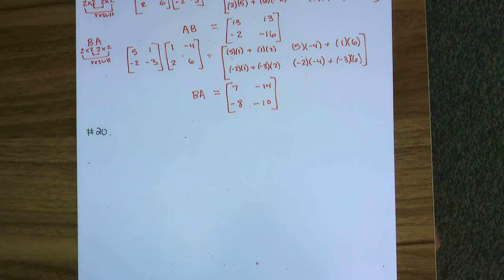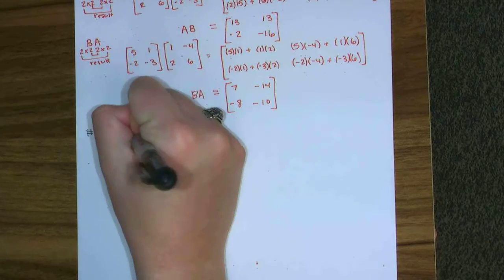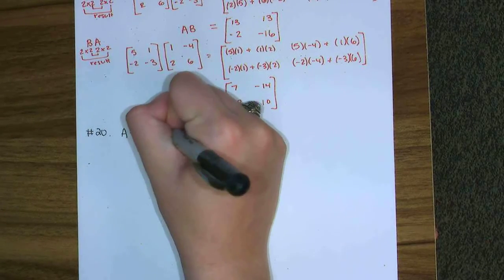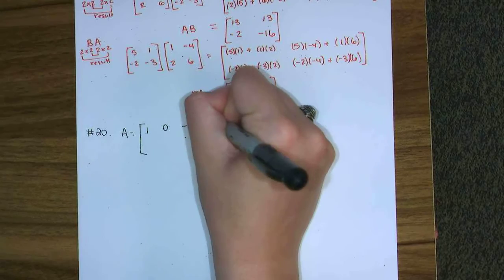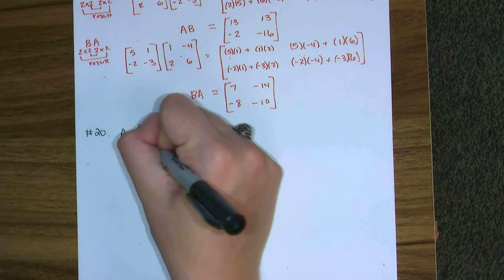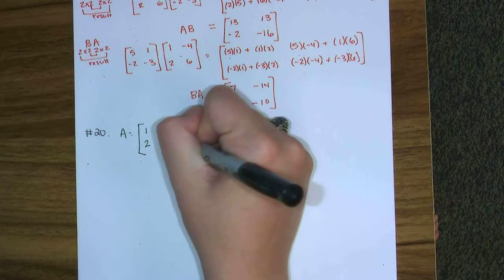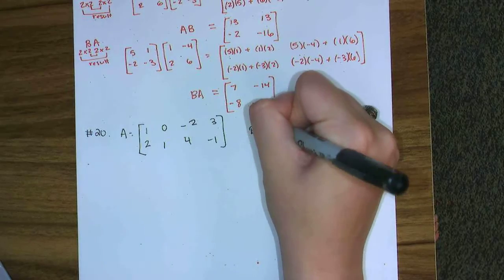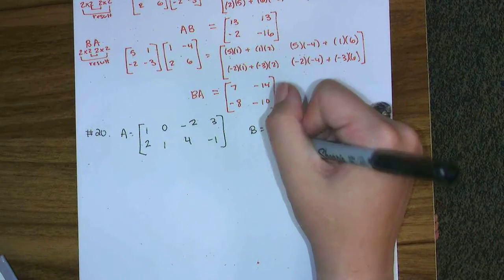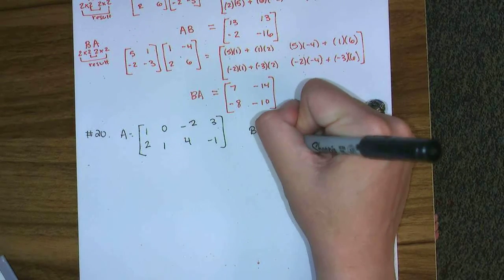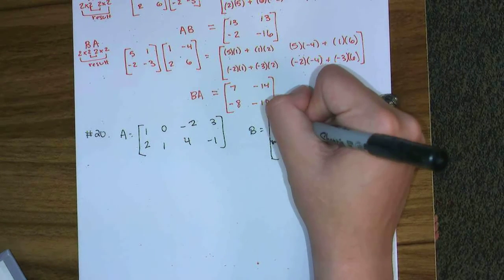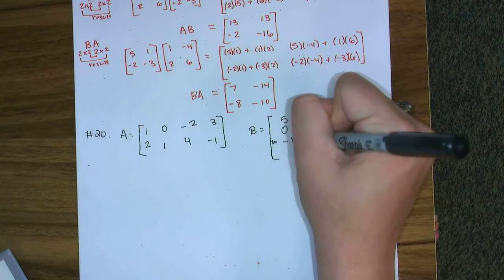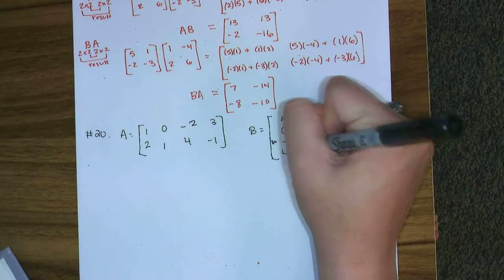Alright, so A is 1, 0, negative 2, 3, and 2, 1, 4, negative 1. And then B, oops, B is really long. B is 5, negative 1, 0, 2, negative 1, 3, 4, 2.